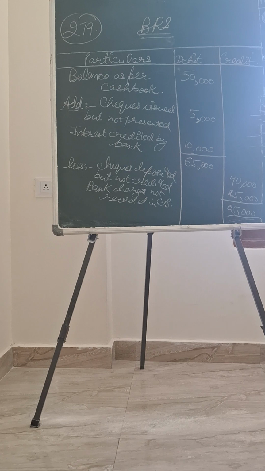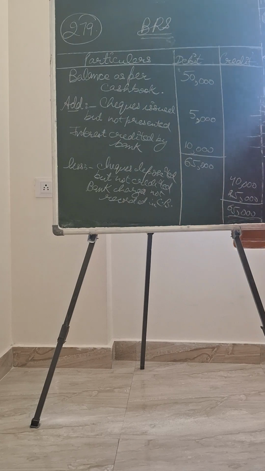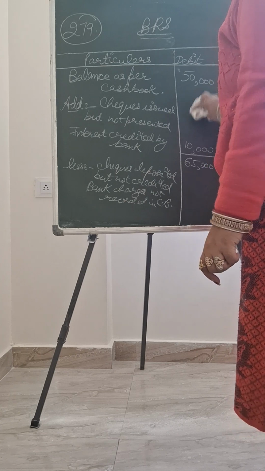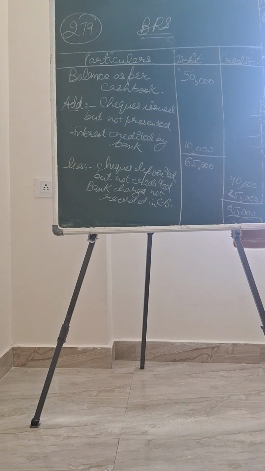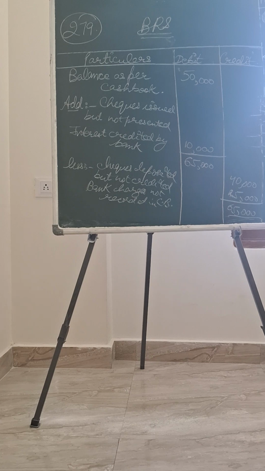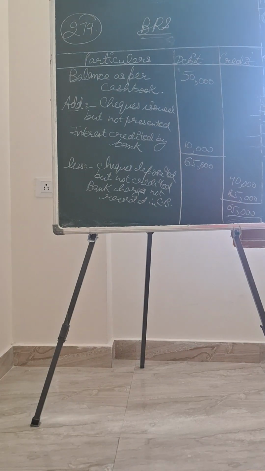But the question arises of the overdraft. In case we remove this 5,000, then it becomes the case of overdraft. We will write down overdraft balance as per passbook, 60,000 and 5,000. So this is all about the bank reconciliation statement and the MCQs related to it which are asked in the exam.